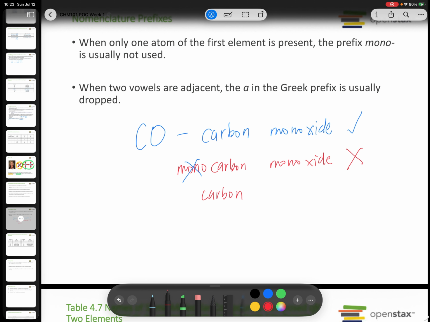Kapag daw may two vowels, since mono siya, mono-oxide, dapat, kapag sinunod lang natin directly, and we do not follow itong rule na to. So, this one is wrong. Ida-drop na daw yung pangalawang O or A, no? So, wala na to. Okay? So, ito mali din itong example na to. Hindi siya monocarbon monoxide. Okay? Carbon monoxide siya. So, ganun lang siya.